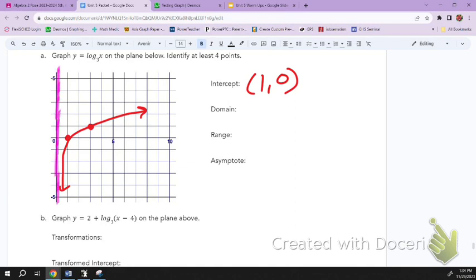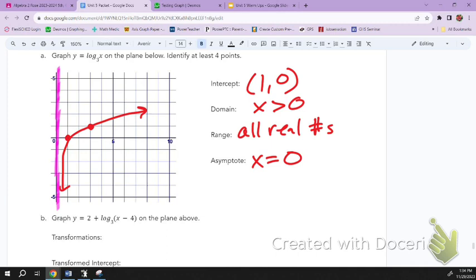The asymptote is right here. The asymptote is at x equals 0. What's our domain? X is greater than 0. That's our range this time.